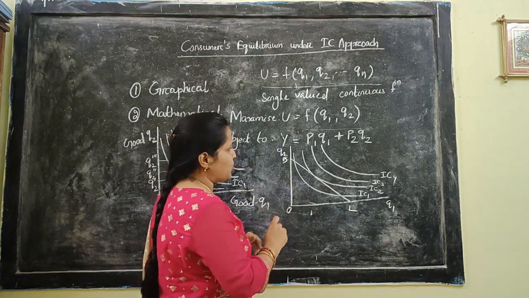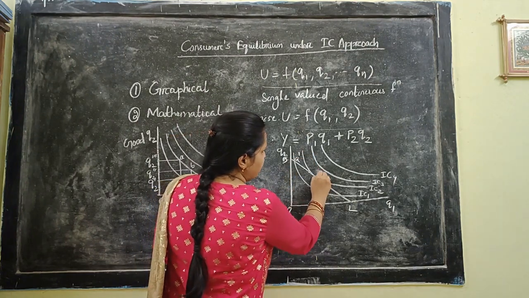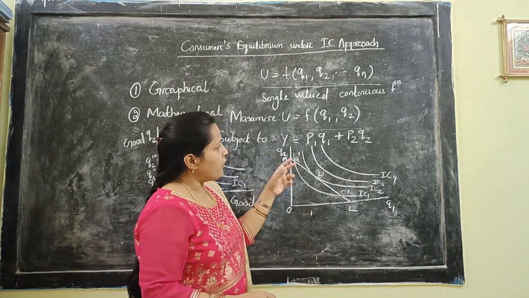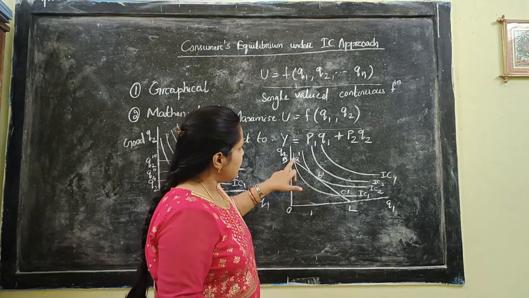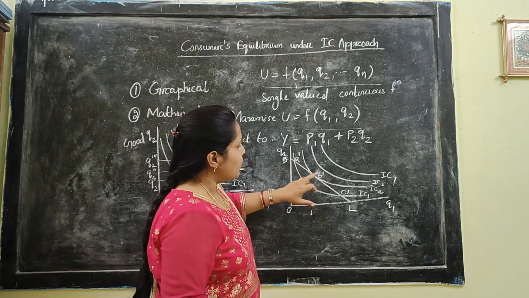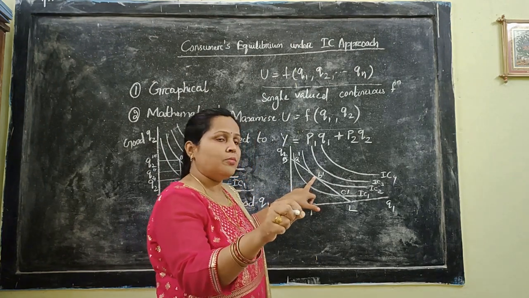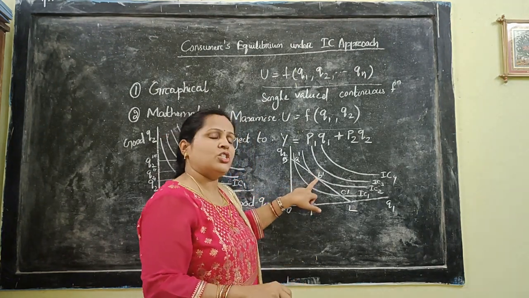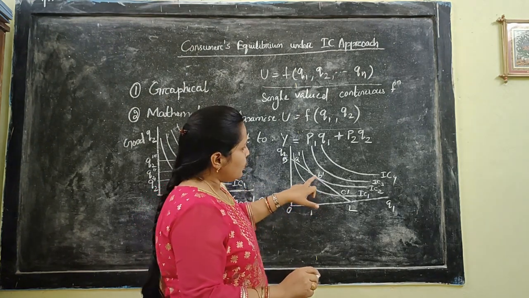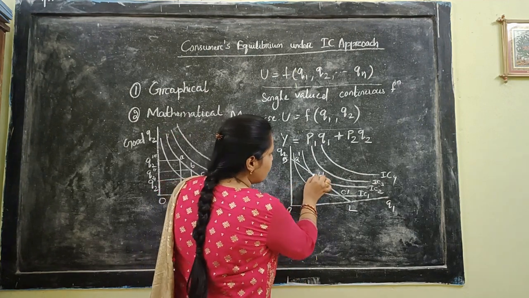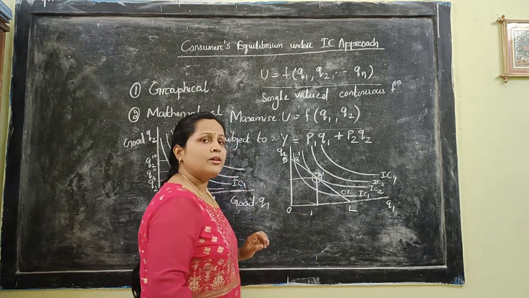There are three points, suppose A prime, B prime, and C prime, where the indifference curve is equal to the budget line. But what you can see is that the indifference curve which is tangent to the budget line is the highest indifference curve the consumer can move to, right? So this is the point of equilibrium where the consumer maximizes their level of satisfaction.